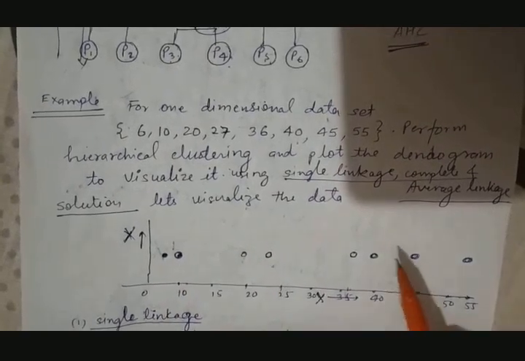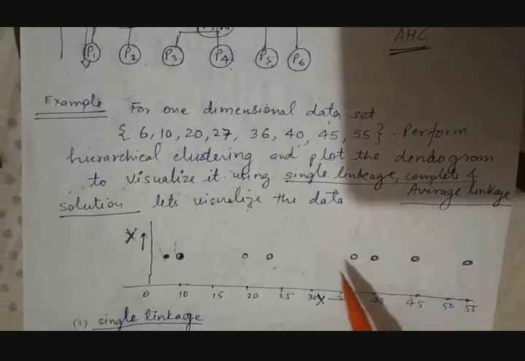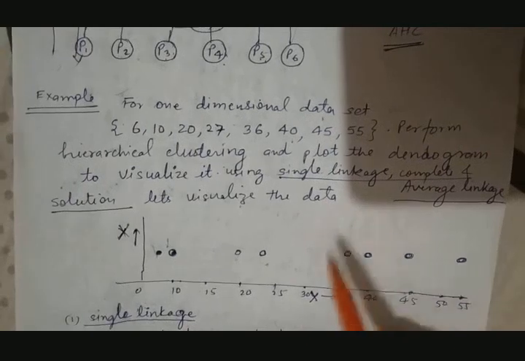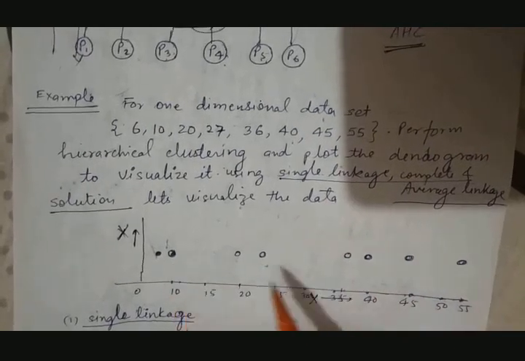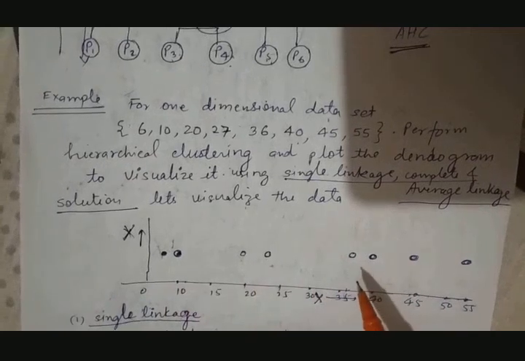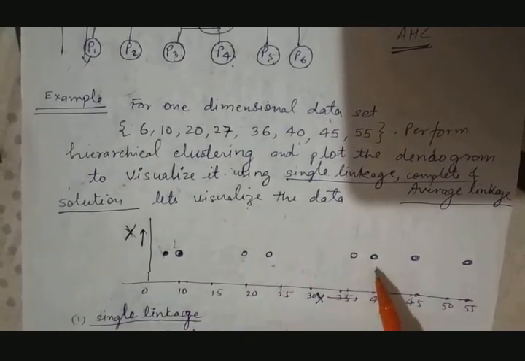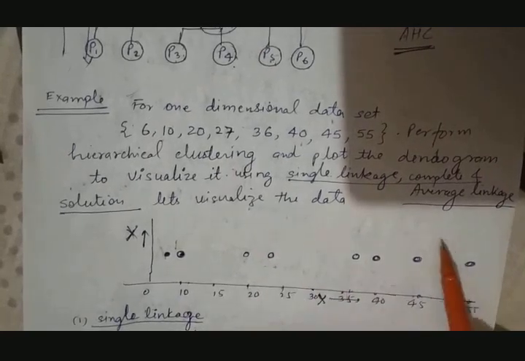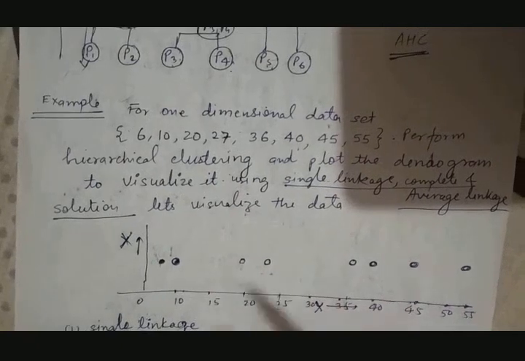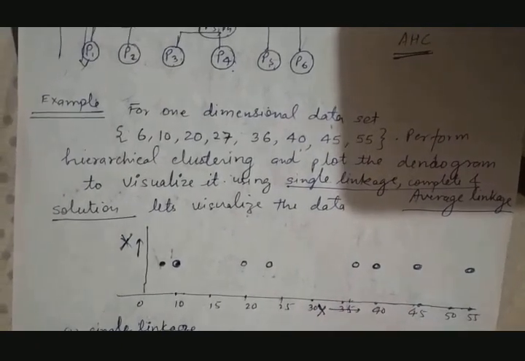These two will come into the same cluster, these two into the same cluster, then these three can be combined, then these four. So we have three different kinds of clusters here. Since this cluster is near to this one, finally these two clusters will be combined. This is how we can visualize these data points in one dimension.